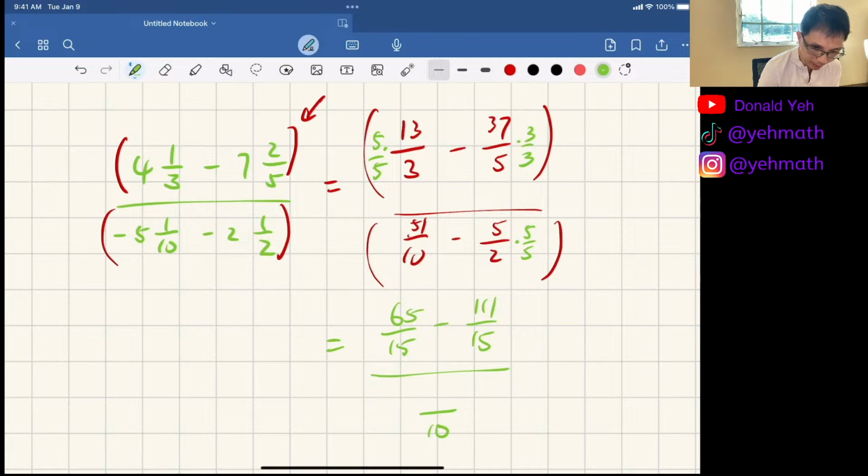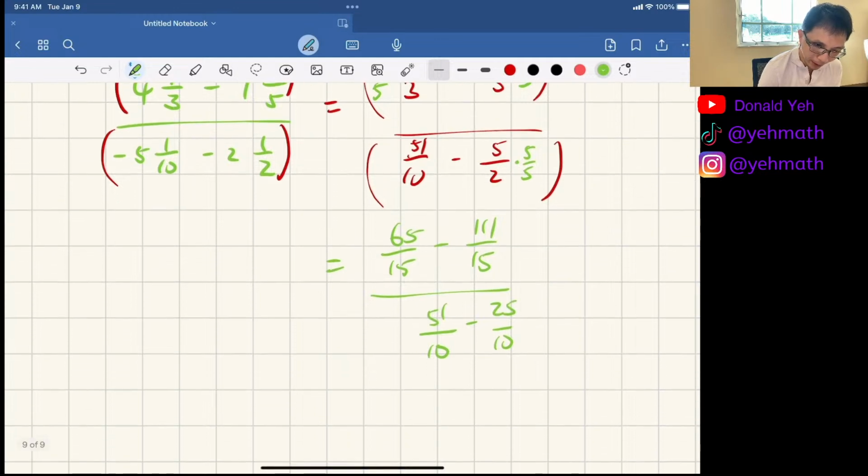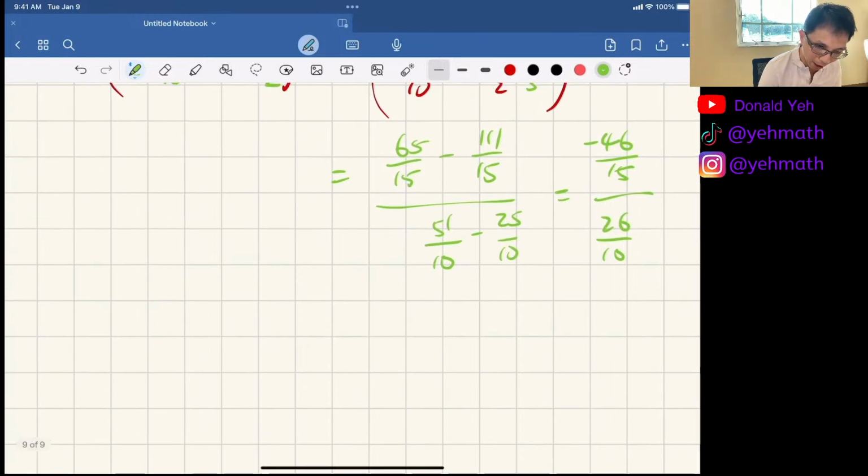This is 10, and this is 51 minus 10 and 25. And if you subtract correctly, that's 35 plus 11. What is 35 plus 11? 46 over 15 divided by 10. It's negative, by the way. 26. So now, do you see that this is divided by this? Can I rewrite it like this?